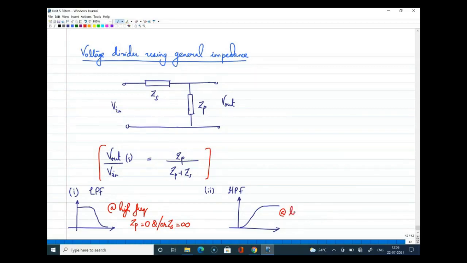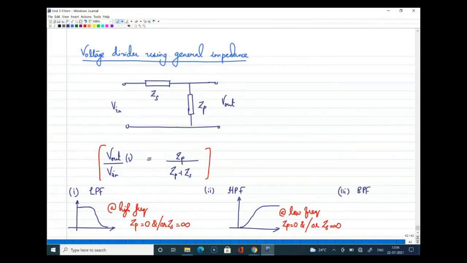At low frequency, it should be 0. So I can use the same condition, but at the low frequency, right? So at low frequency, your Zp should be equal to 0, again, I'll write and, or, Zs should be equal to infinity. This is the condition. The same condition at low frequency becomes a high pass filter, right? Now, how about a band pass filter?